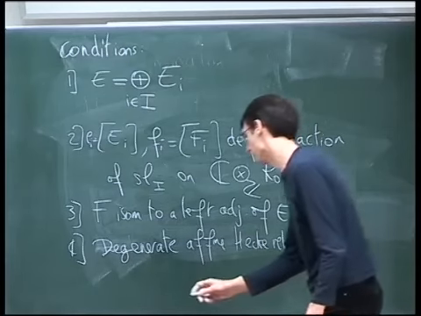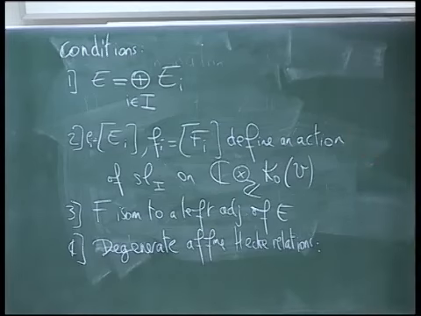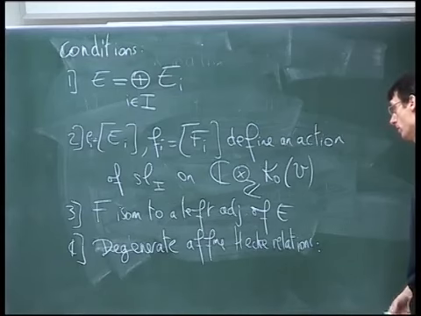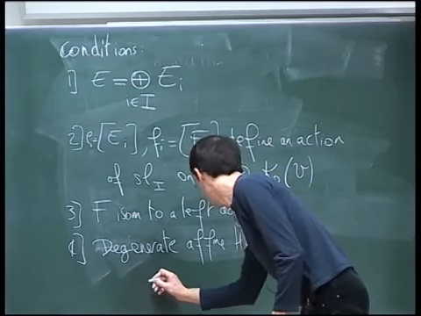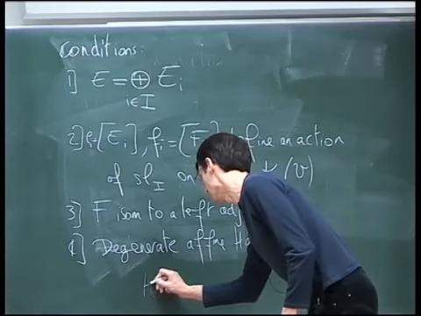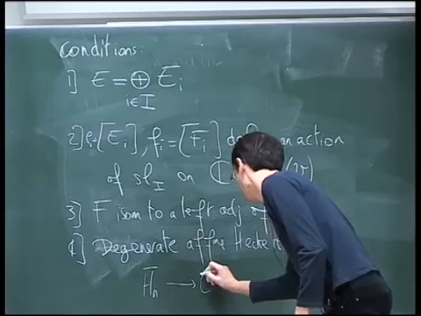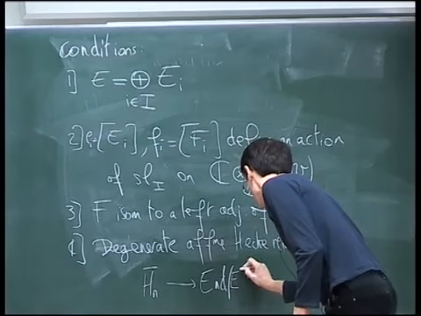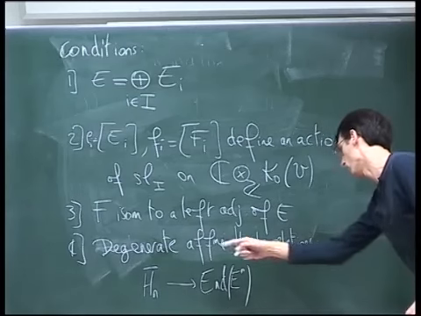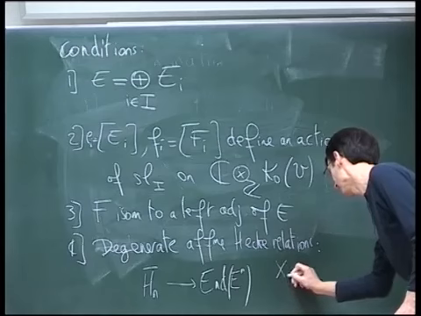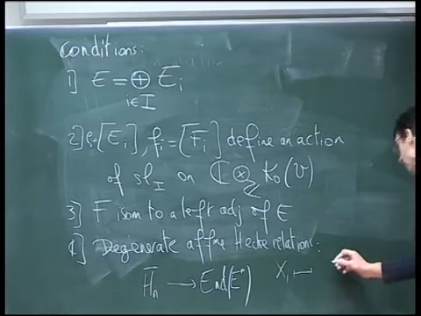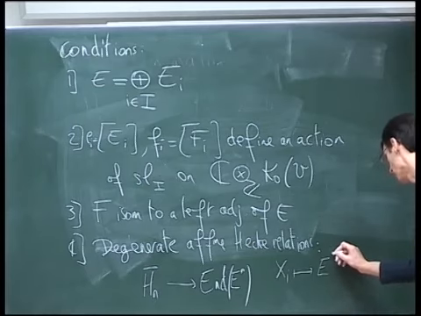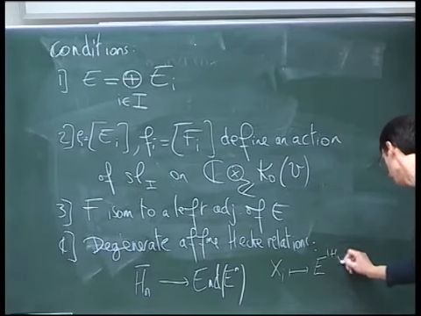So that means if you use X and T to define an action on E^n, you should have a map from the degenerate affine Hecke algebra, let's say H_n bar, to the endomorphisms of E^n, where the generator x_i of your degenerate affine Hecke algebra of S_n acts by this construction.